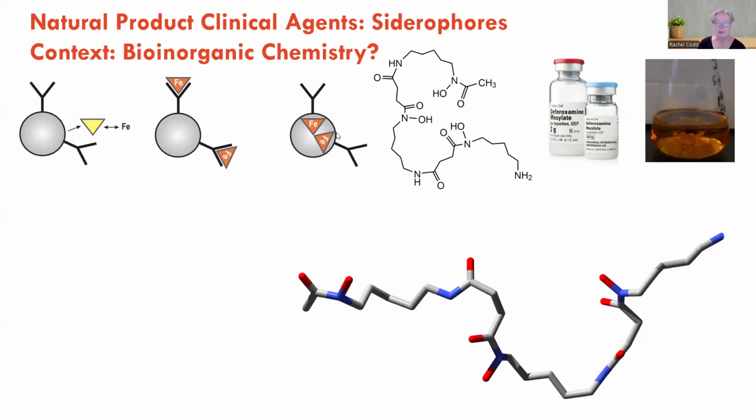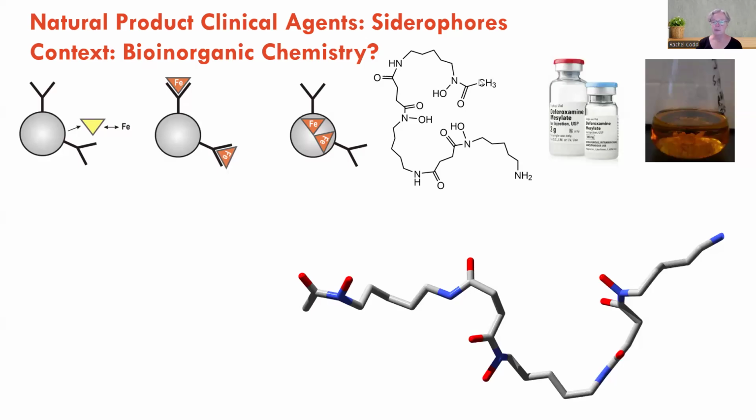Ultimately the iron is released by mechanisms which can include enzyme-mediated hydrolysis of the complex, or by a reductive mechanism, where a reductive environment or a reductase can reduce the iron 3 to iron 2. Under those circumstances, the affinity constant with the siderophore is drastically reduced and the compound falls apart.